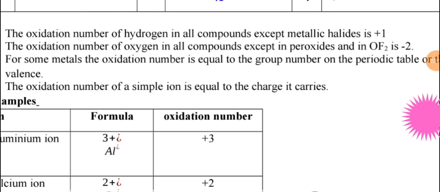We go to the rule number 3. The oxidation number of oxygen in all compounds except in peroxides and difluorooxides is negative 2. We understand when we are talking about peroxides, for example, hydrogen peroxide.